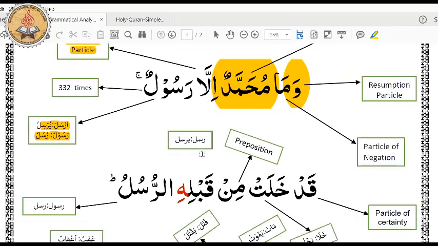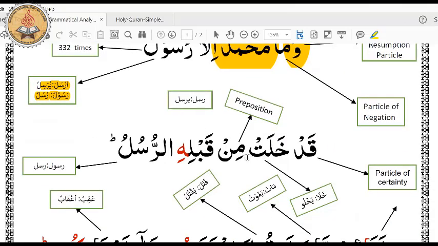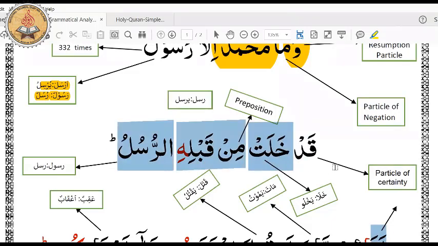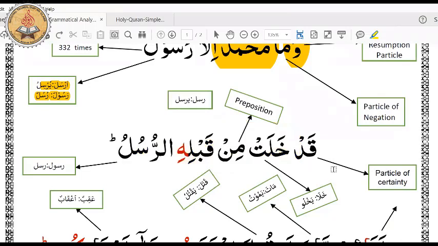So next we come to قد خلت من قبله الرسل. Now you can see here qad is written, I have added here particle of certainty, surety. It means that when the job is complete and the job is done, then we say qad, and we say Sami'a Allahu qawla allati qad qamat as-salah.